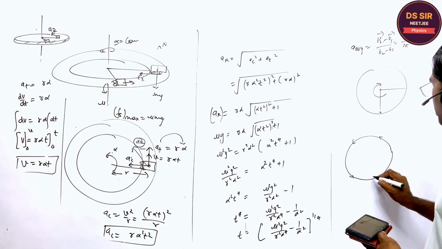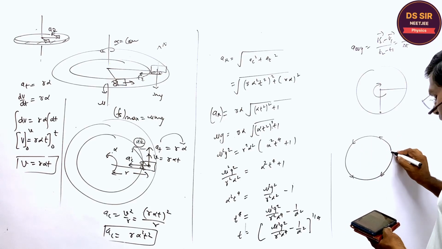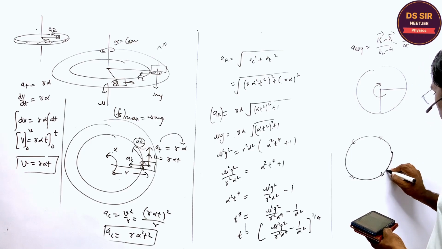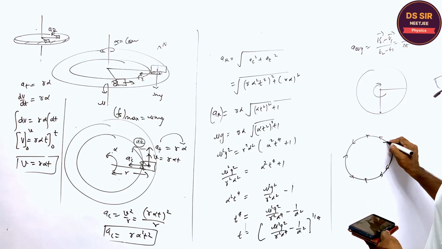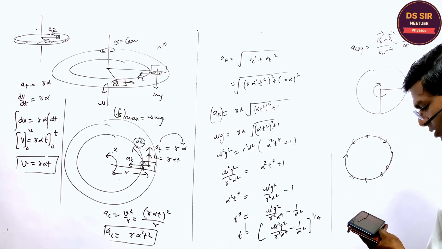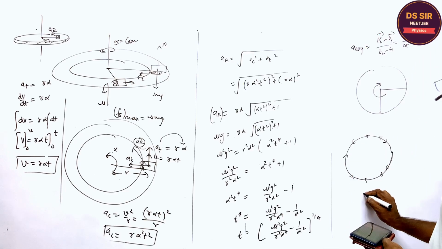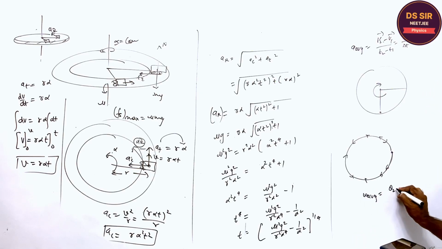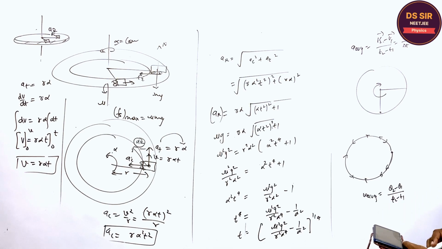First it is going like this, then it stops over here, and I think it moves in the same direction. Are you getting it? So what they are asking is the average angular velocity. Average angular velocity is nothing but total angular displacement divided by total time.